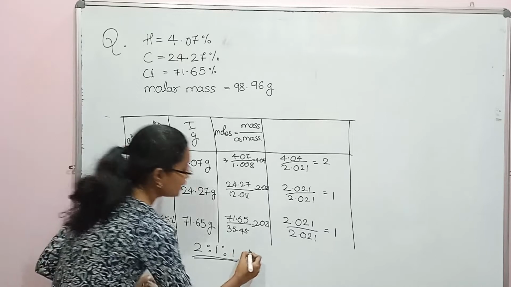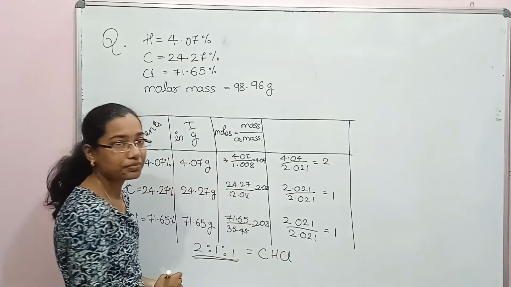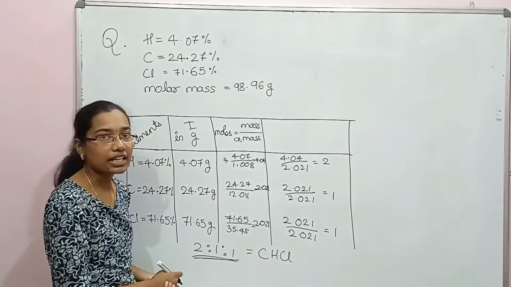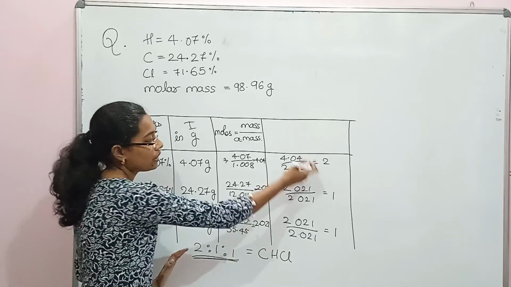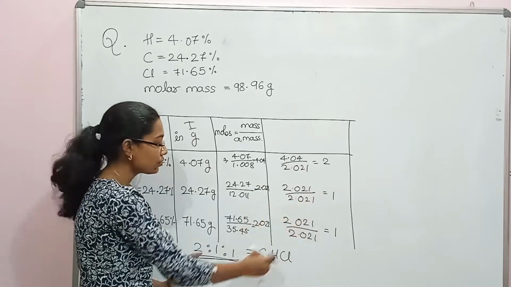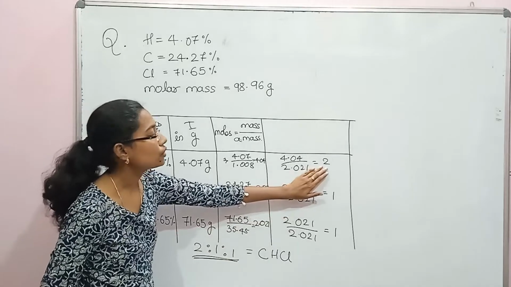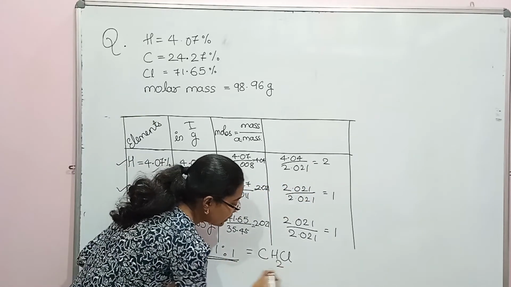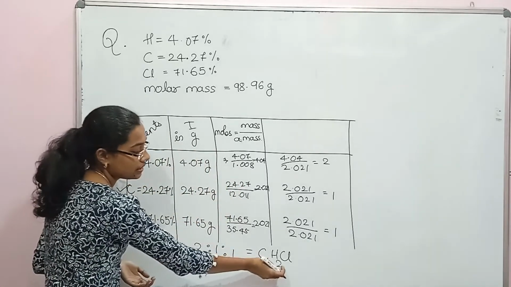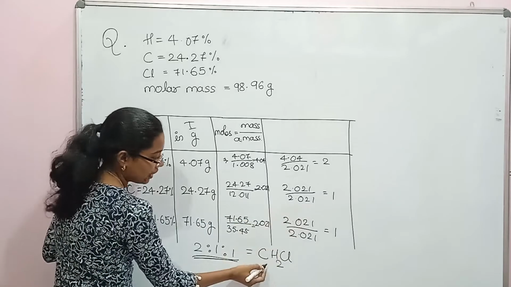First we'll write carbon, hydrogen and chlorine. These are the elements they have given, and now we'll multiply the numbers we have got to those respective elements. For hydrogen we got 2, so keep it as 2 multiplied to hydrogen, and for carbon we got 1.